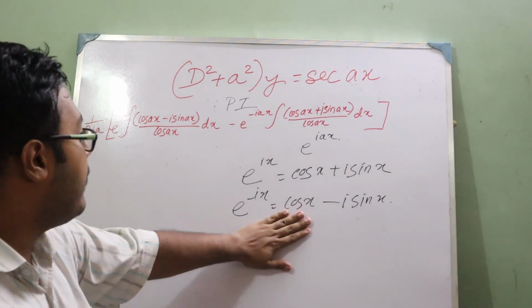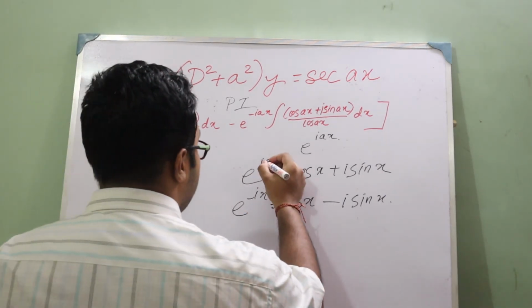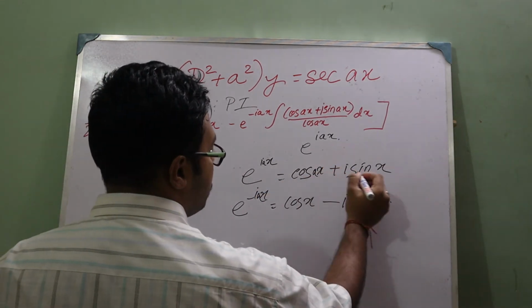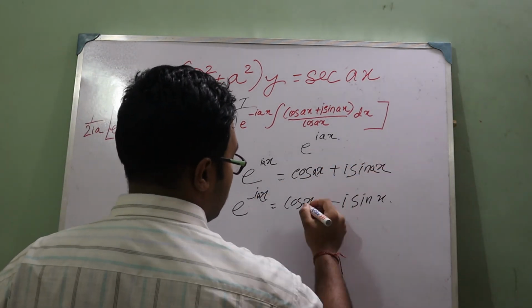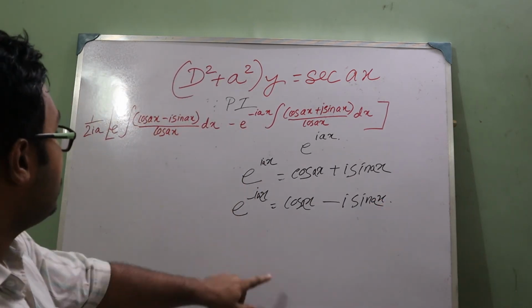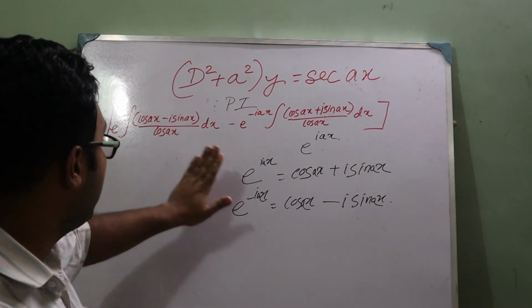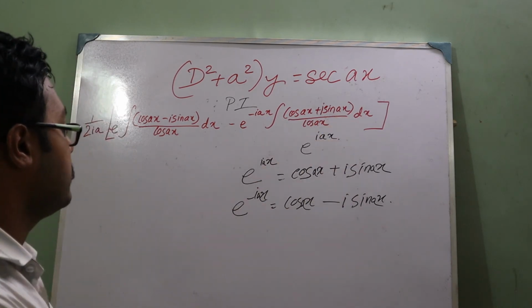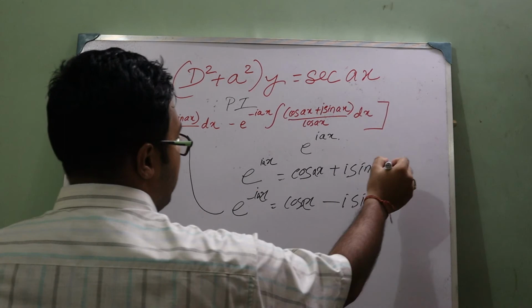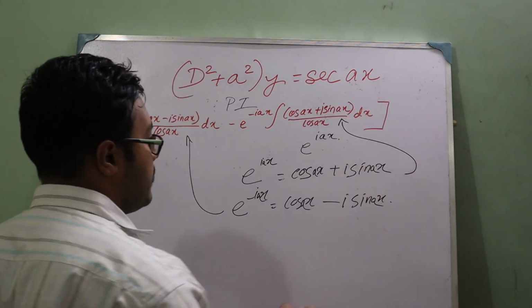I have just put the value of e to the power iax and nothing else. The value of this is put in this place, and the value of this is put in this place.